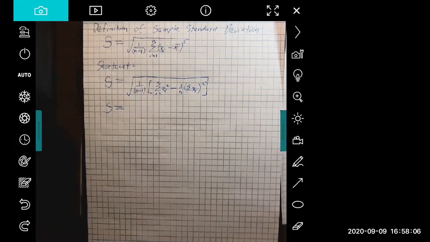Depending on which book you look at, you can get a common denominator, combine like terms. You can go one more step.